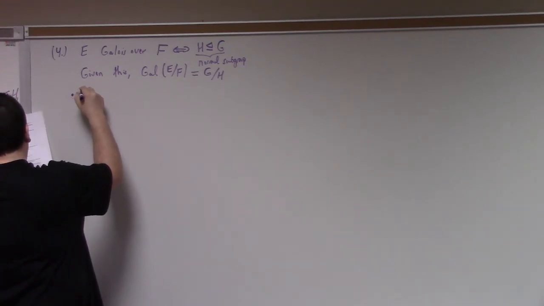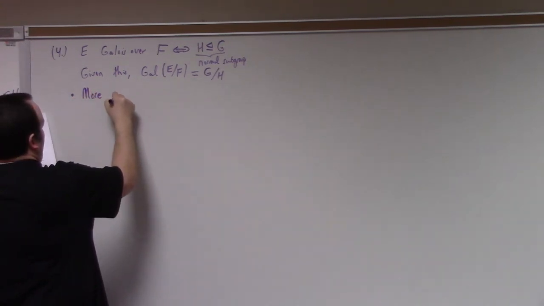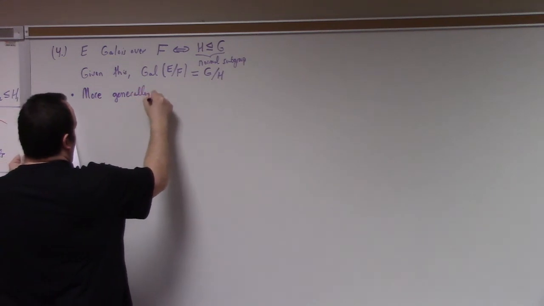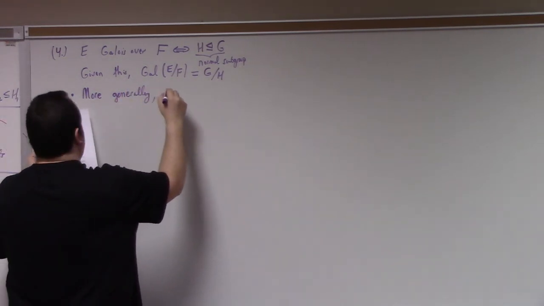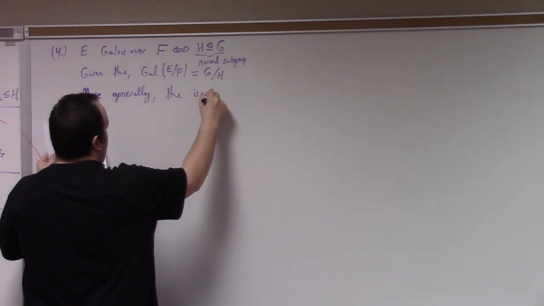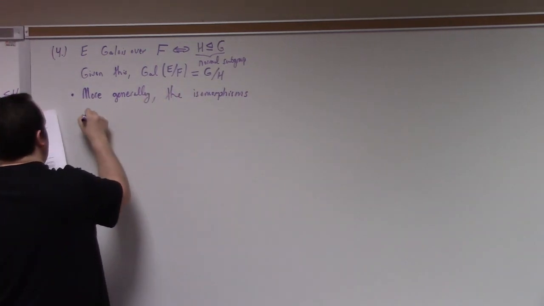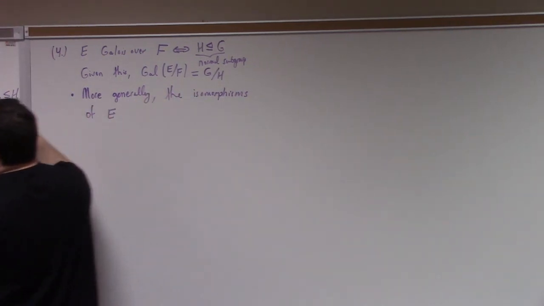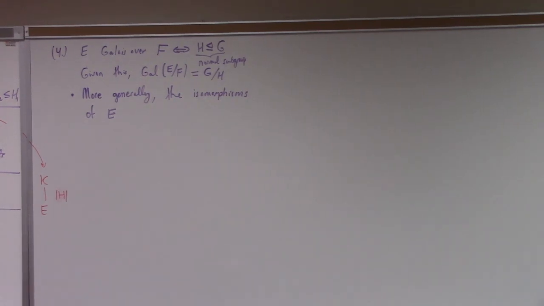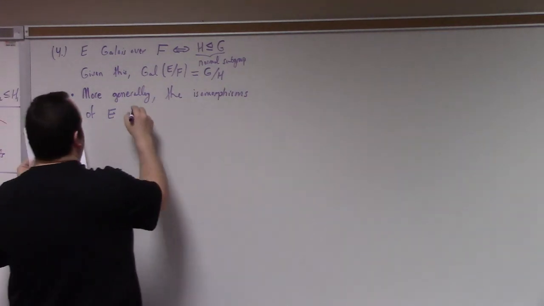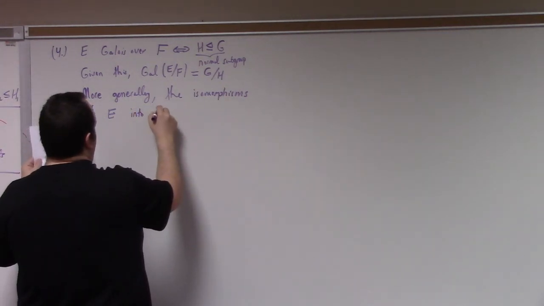All right, let me write that down more generally. The isomorphisms of what? Isomorphisms of E. Where is E? E is in the middle, right? The isomorphisms of E into a fixed algebraic closure of F containing K. I guess we'll use F bar for that.